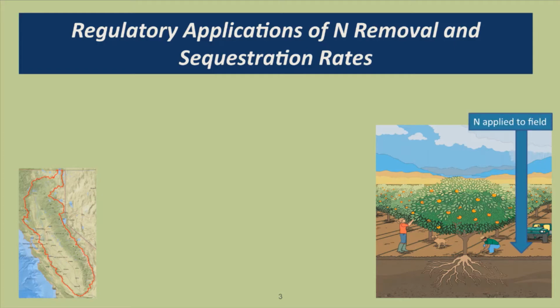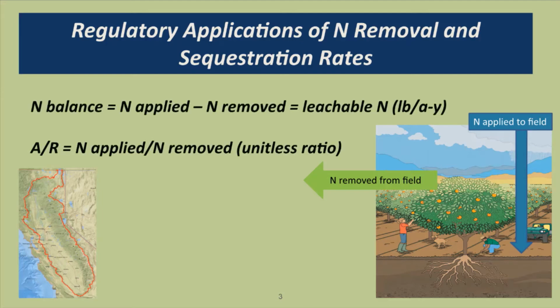So N removal is important, of course, because we apply N to the field and then we take it back out of the field. And so the relationship between those two things in general can tell us something about the risks to water quality. And of course, we remove it from the field in various ways.